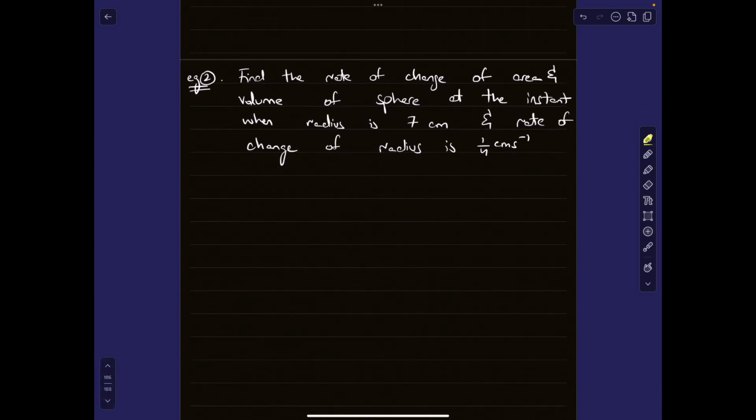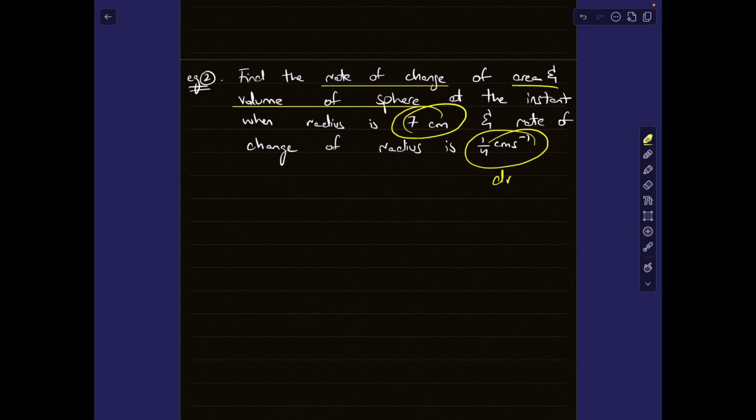Moving on, example 2. Find the rate of change of area and volume of a sphere at the instant when radius is 7 centimeters and rate of change of radius is this. So we have dr over dt.